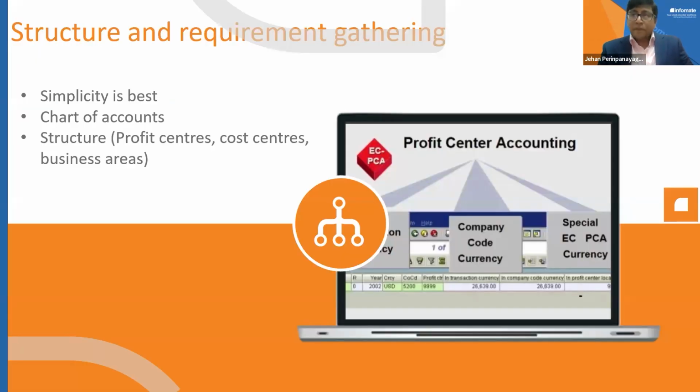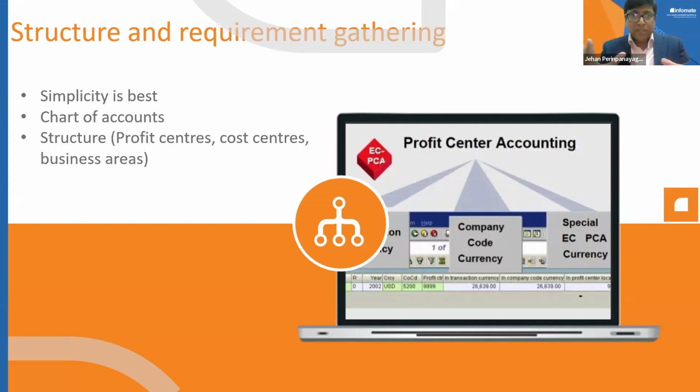Now, structure is everything, right? Invest adequate time to ensure that your profit center and cost center setups are in place, that your GL masters are in place, that you've given some thought, because if you get this structure right, your reporting thereafter becomes much easier. So deliberate, brainstorm, make sure you get the structure right, because these are your building blocks.